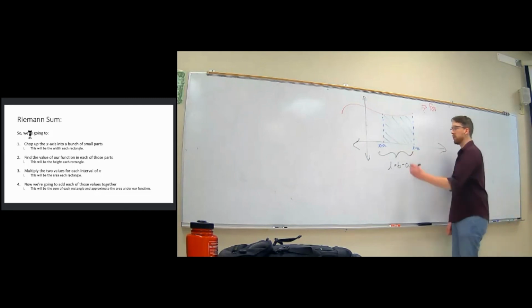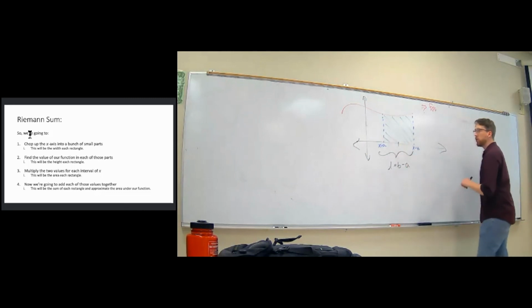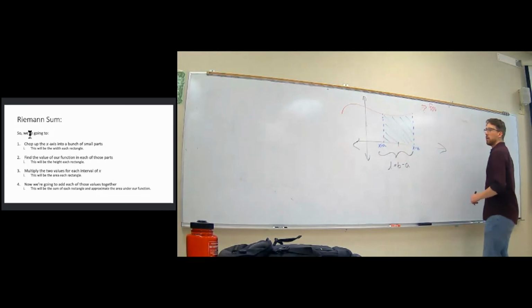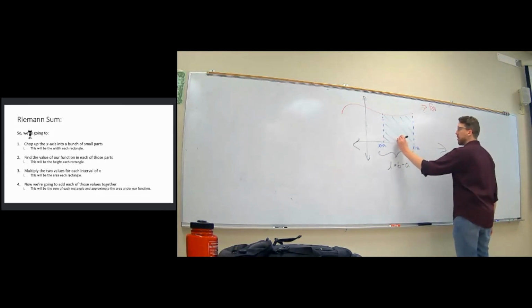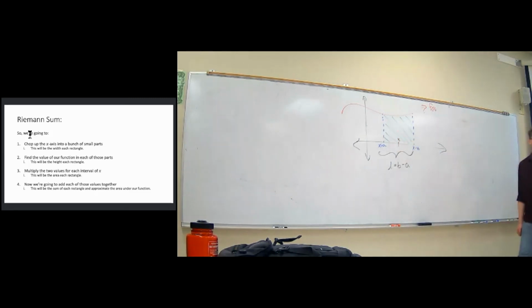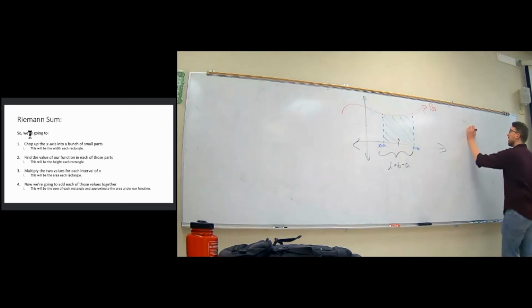Okay. So we're going to cut it up into 2 sub-intervals. So we're going to go halfway in between. Where is this point? Let's call that x1. Well, right smack dab in between the two, right? So x1 is going to be right in the middle of the 2.